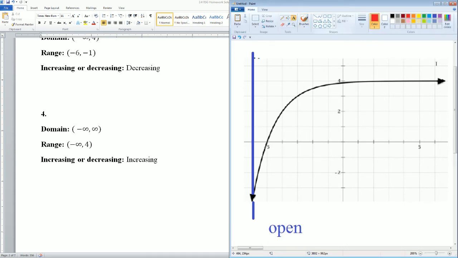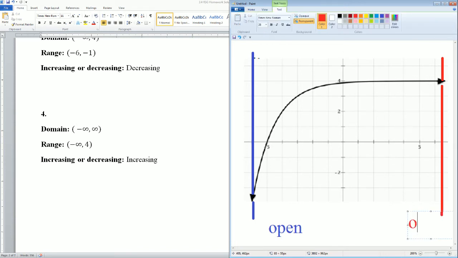Same thing here, it looks like it went on forever as well. So that is going to be also open. Right, so yes, the domain would be -infinity all the way to +infinity. Okay, because of the arrow. The arrow indicates that it goes on forever and ever.